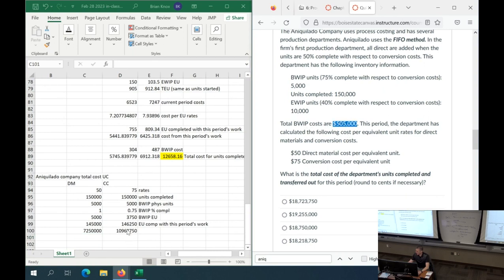And it doesn't have it broken down by direct materials and conversion costs. So I'm going to sum these first and then add in total beginning WIP costs to that. So this is total cost of units completed with this period's work. Say it that way.